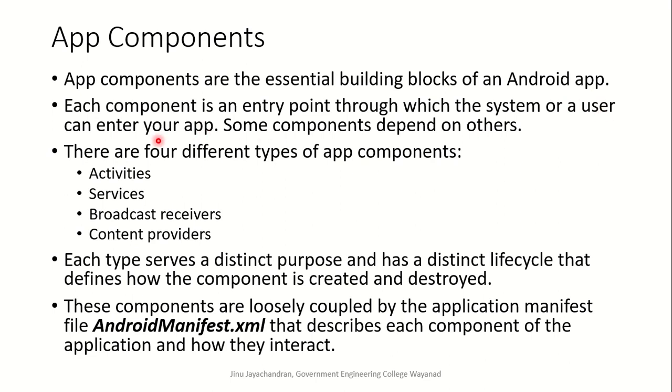When you click on an Android application, you see the application pop up in a new window. That is called a user interface, and that user interface itself is a component called an activity.